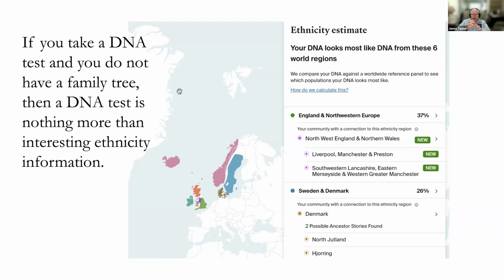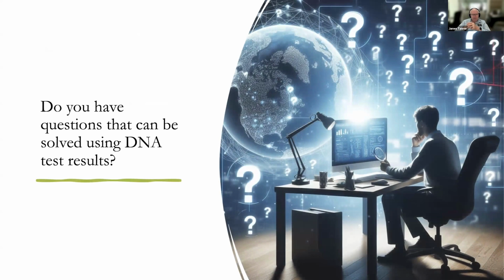But in order to have any kind of real information from that, to help you find individual people or any individual relatives or ancestors, you really do have to have a family tree that goes along with the DNA test. I'll talk about that in a little more detail as we go along.